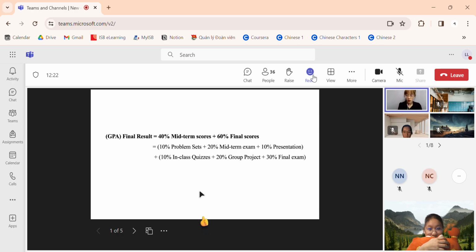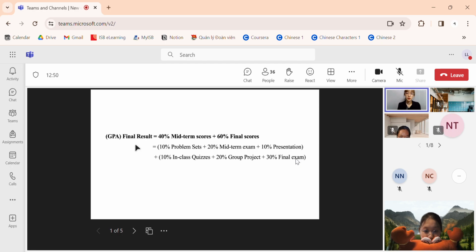All right. So first of all, that would be the formula that we use to calculate your PE or GPA. Here you can see that there are two main components: the midterm score and then the final score. Because on the MyIP system, when you view your result, there are only three basic columns: the midterm column, the final column, and then your very important one, the GPA.